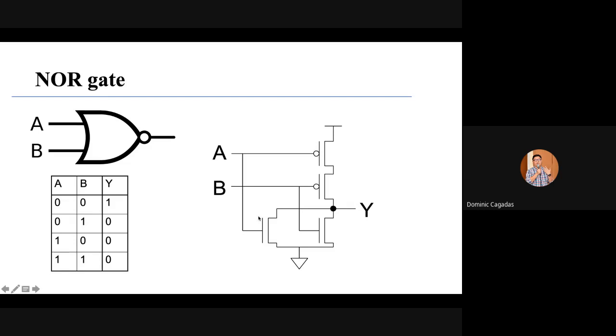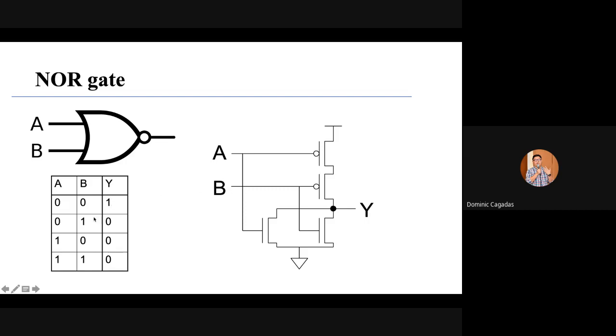Please remember that always. If input A and input B are both low, this one is on, this one is on, this one is off, this one is off. Both PMOS are on, connected to your VDD, so the output is high.